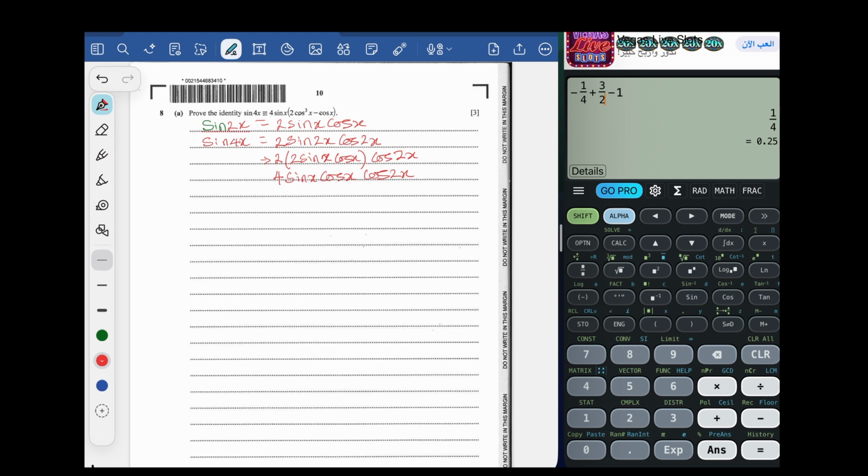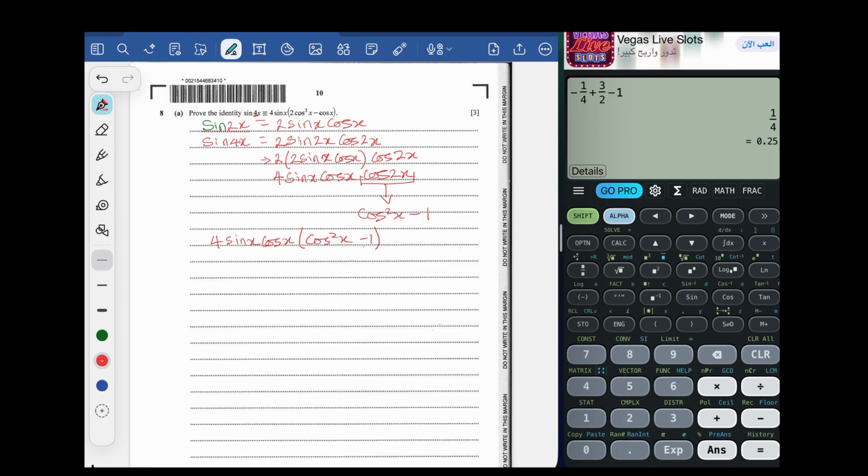So we have to check the identity to use. You can see they reduce it from 4x to just x. So for cos 2x, we can use the identity for cos squared. So sine should not be there. So I just use 2 cos squared x minus 1. So 4 sine x cos x bracket 2 cos squared x minus 1.